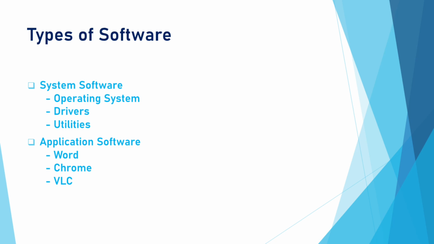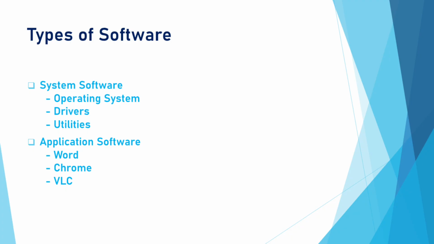These application softwares are all installed on top of the system software, which is the operating system. The operating system is a bridge between the user and the computer, and the application softwares are all installed on top of the system software, on top of the bridge, so that the user can make use of those applications.